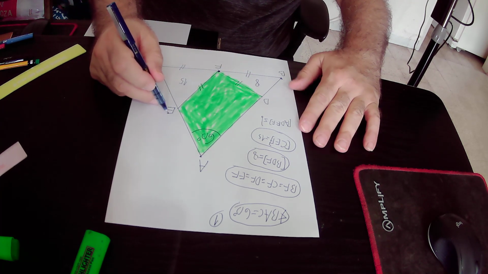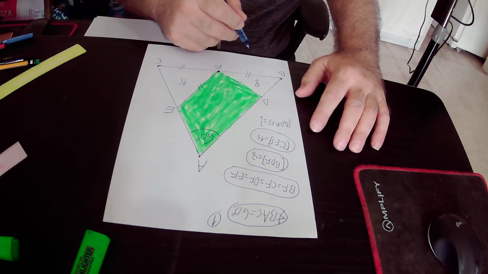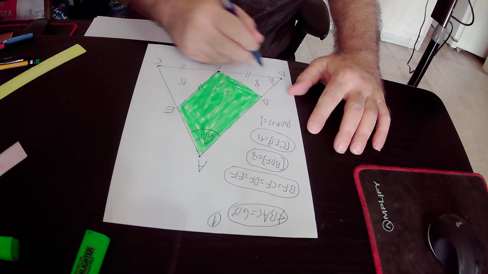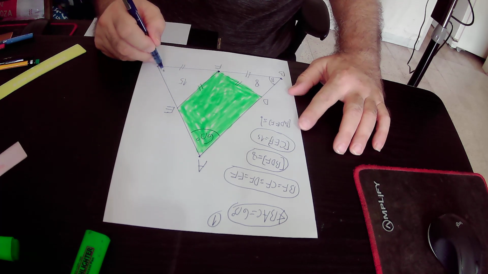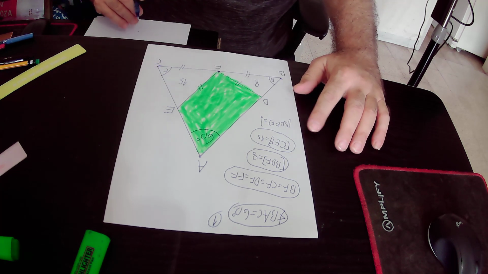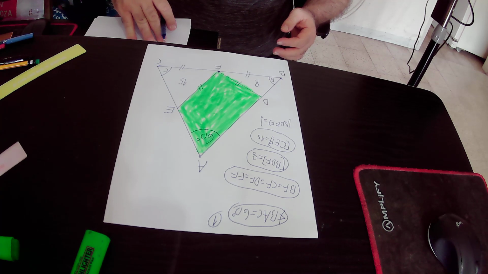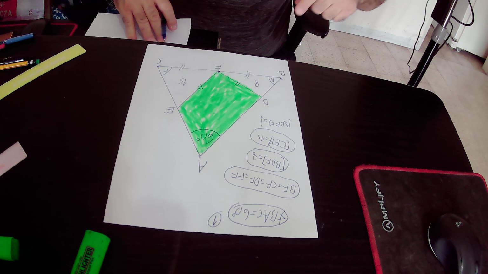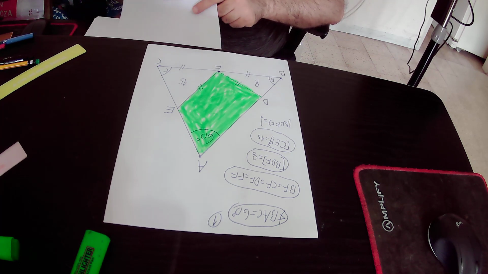Okay, so first of all we will define angle ABC as B, and we will also define angle ACB as C. We know that the sum of the angles in any triangle is equal to 180 degrees. Therefore, in triangle ABC, 60 degrees plus B plus C must be equal to 180 degrees.